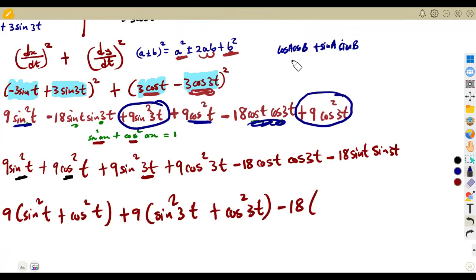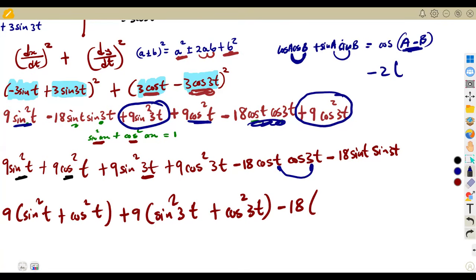For us to have cos, sine, this was taken from the cosine of A minus B. Remember, if we subtract here, it will be a plus. So if we subtract, A has to subtract B, A minus B. If this is our A, it's going to be t minus 3t, and it will be a minus 2t.